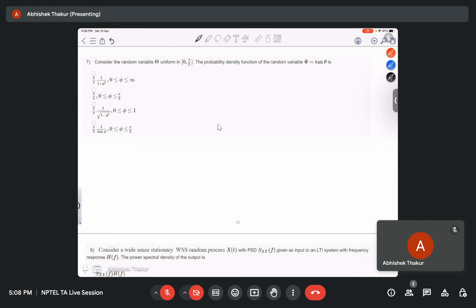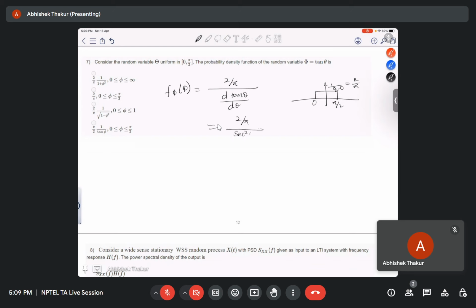So the probability density function of θ is 1 by (π/2 minus 0), that is 2/π, for θ uniform from 0 to π/2. The value is 2/π. Then we need d(tan θ)/dθ.